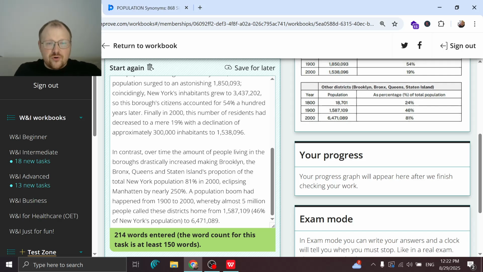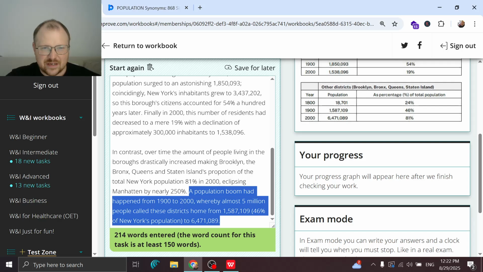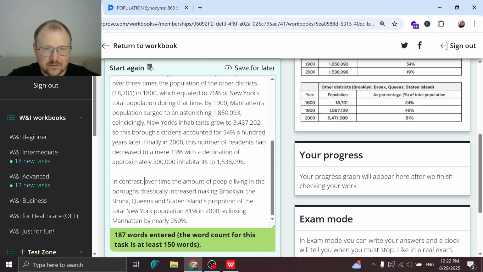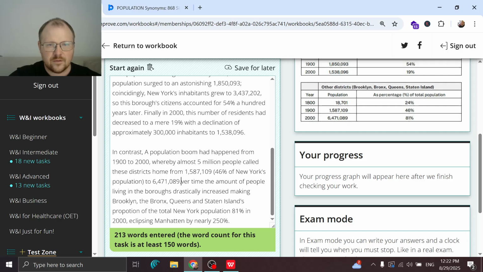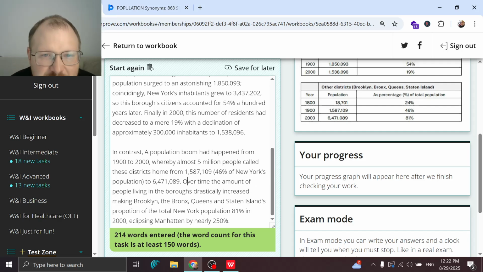A population boom had happened. So this kinda should be first. The population boom had happened from 1900, whereby almost 5 million people called these districts home.